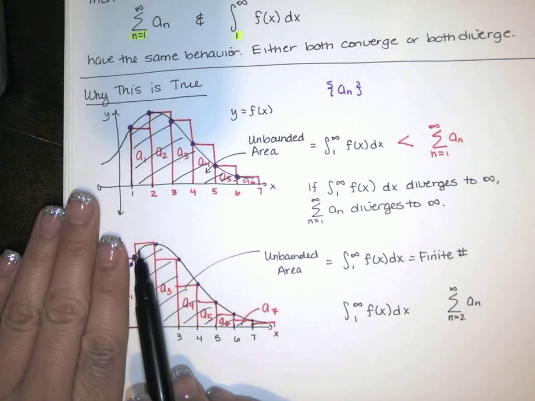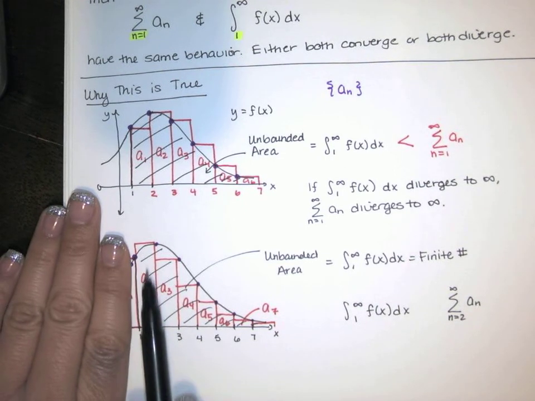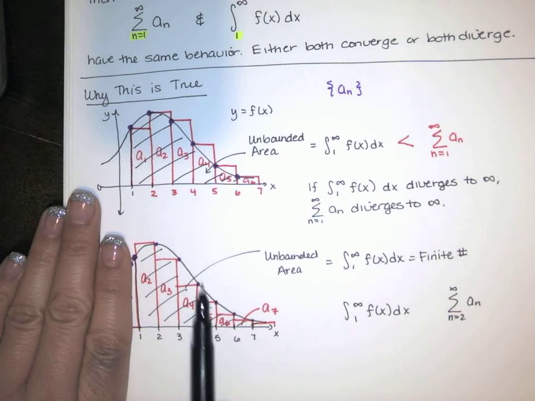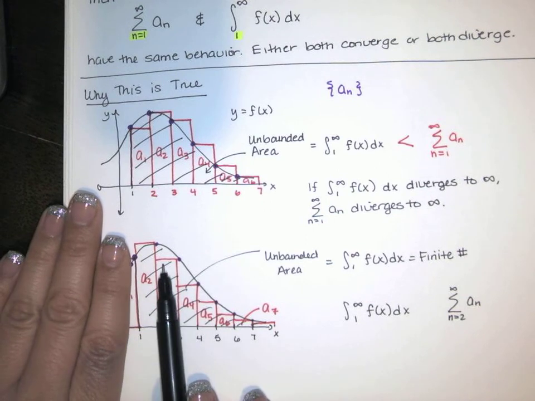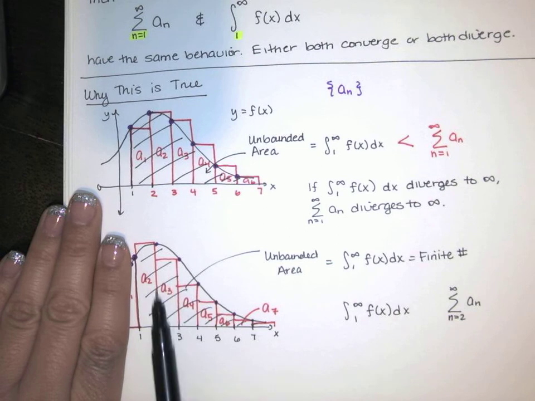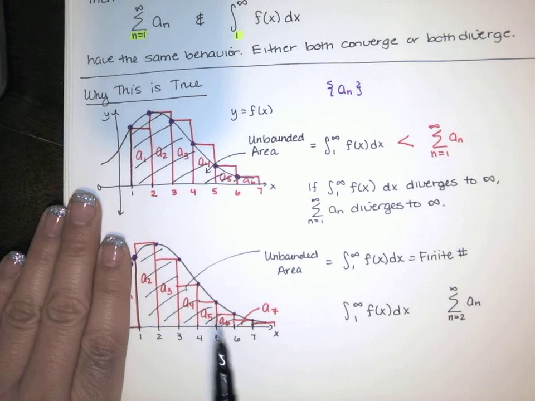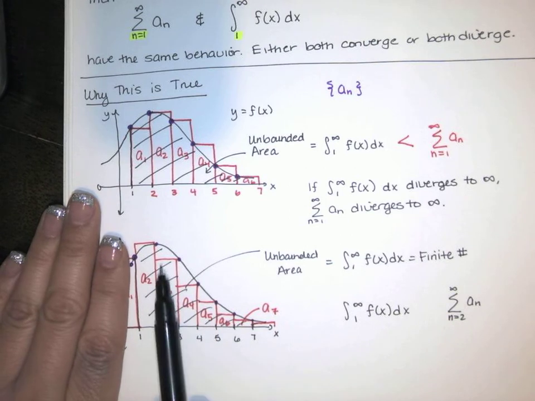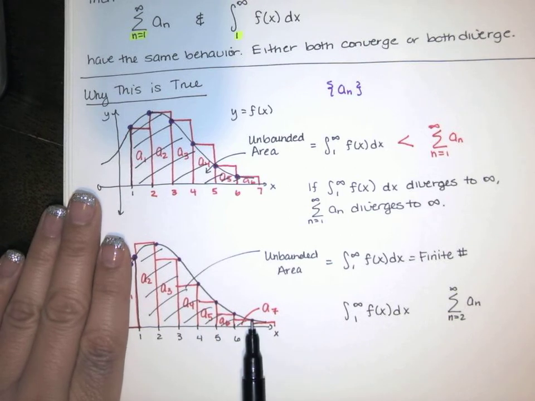Well, notice that first one, that area is an overestimate of the area under the curve, but then because this function is decreasing and because we used our right endpoints, this area a sub 3 is an underestimate of the area under the curve. This one is an underestimate. This one is an underestimate, and so on. So all of these are underestimates.